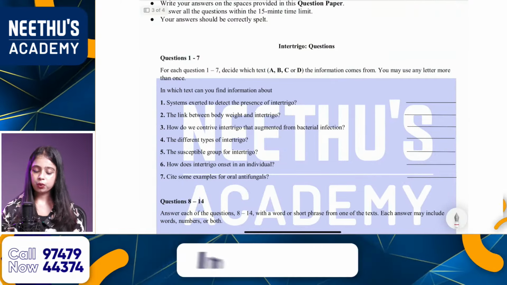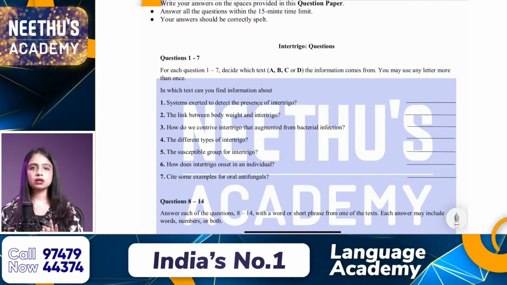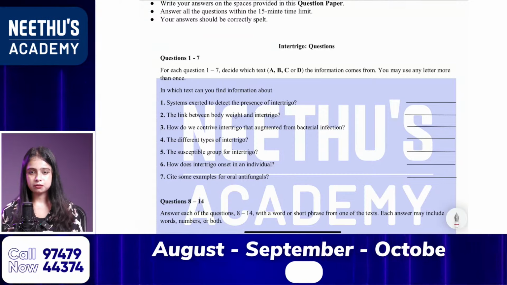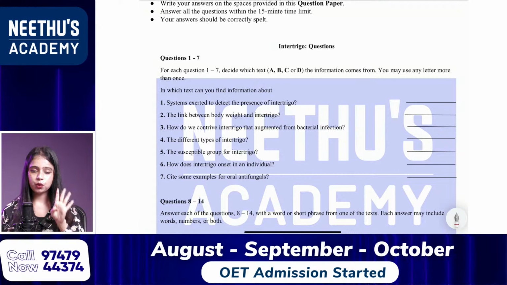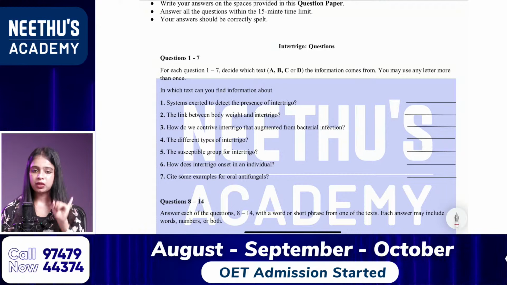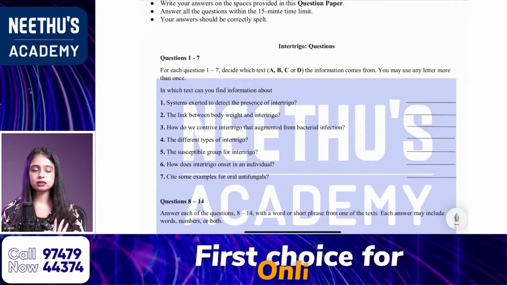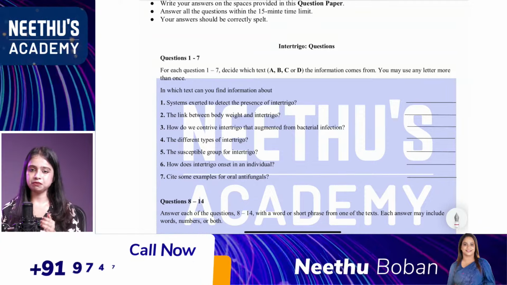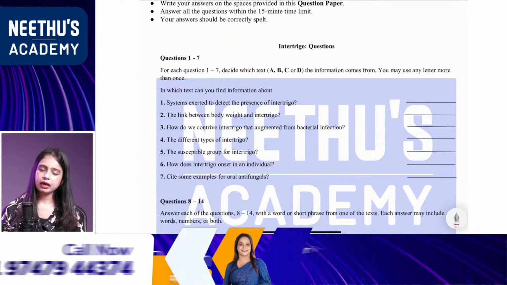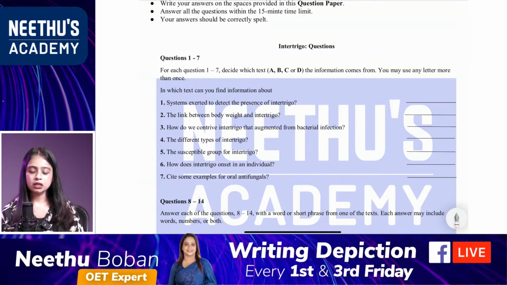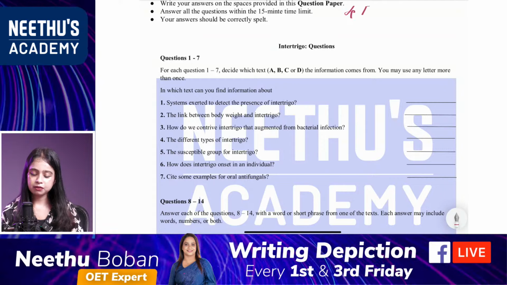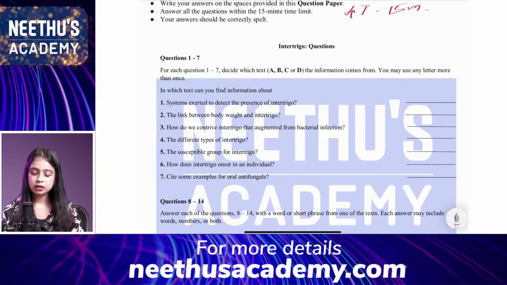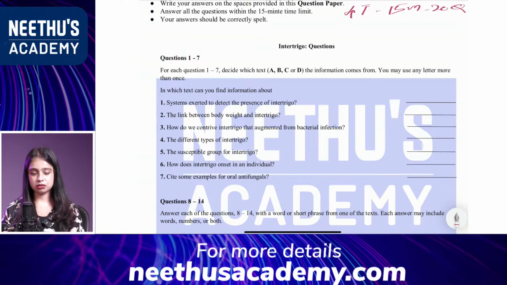Now let me condense something regarding part A. What is part A? Part A means we have 4 different texts: text A, text B, text C and text D. Each of the texts will be different from one another. And what about the timing? You will get 15 minutes to complete 20 questions.